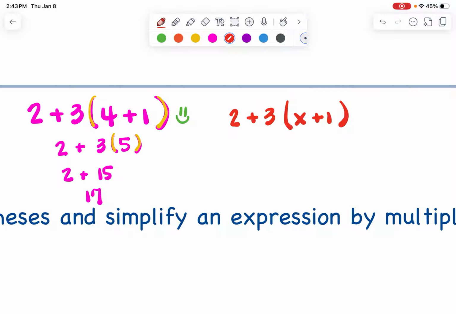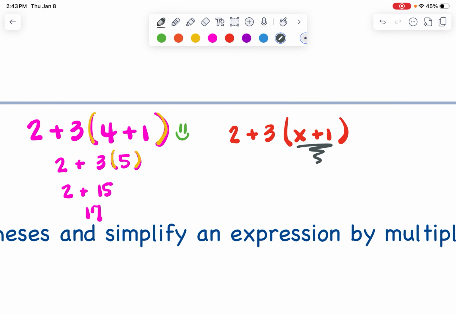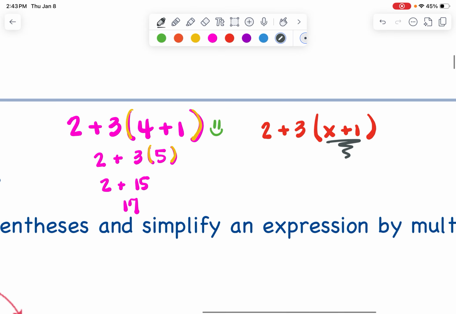Well, now I'm kind of in a jam because these are not PEMDAS parentheses anymore, because I can't simplify x plus 1. They're not like terms like we were just talking about on the previous page. X's can only be combined with other X's and so on. So I'm kind of in trouble because on this side, I was able to use PEMDAS to get rid of my parentheses, but over here, that's not going to be an option.